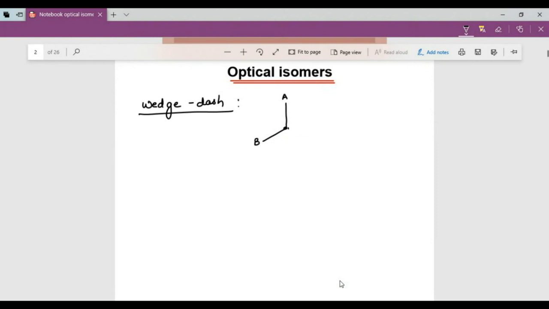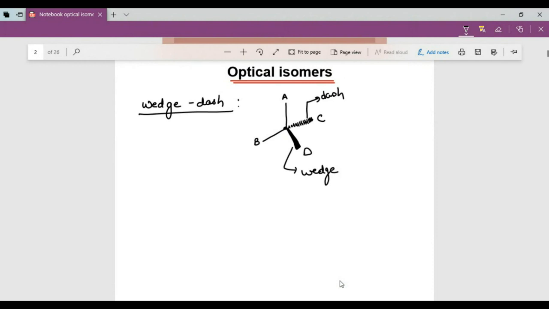Under such a visualization, the rest two will move in and out of the plane of paper. I am talking about the variables, I am not writing any specific atoms. C and D. So this representation is called dash. This representation is called wedge.